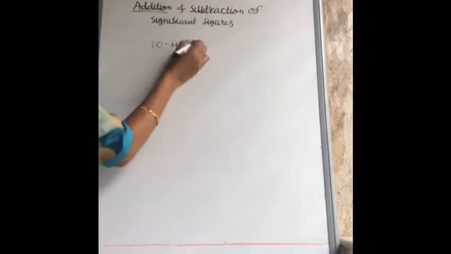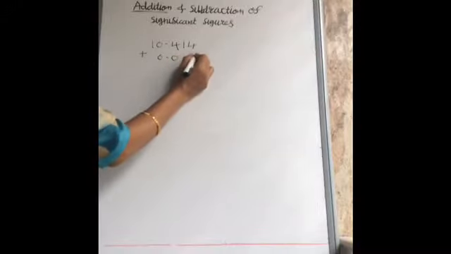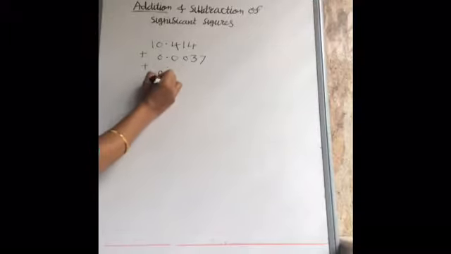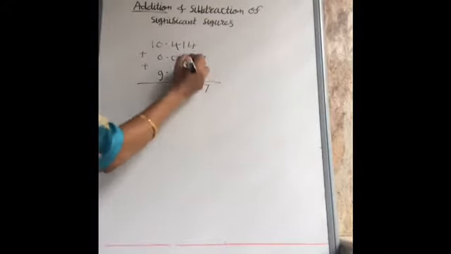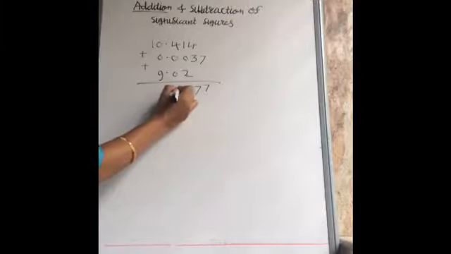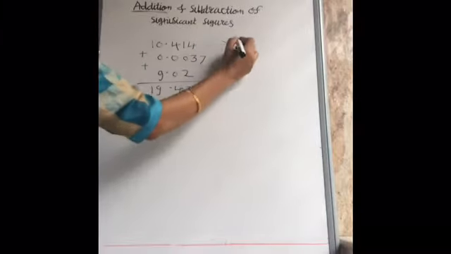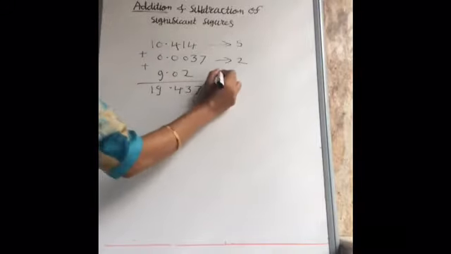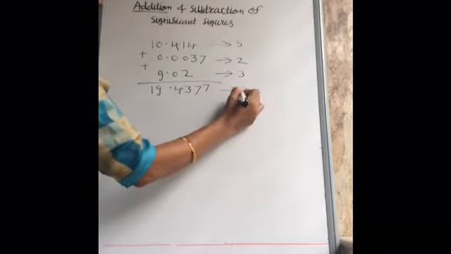10.414 plus 0.0037 plus 9.02. If you make the addition, it is 19.437. The first component has 5 significant figures, the second has 2 significant figures, the third has 3 significant figures, and your answer has 6 significant figures.